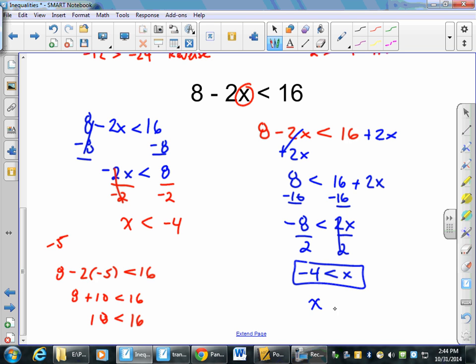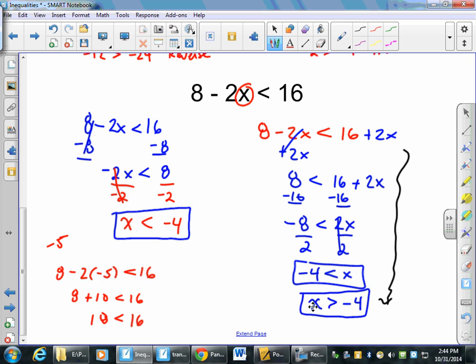If we rewrite that with the variable on the left side, let's say x is greater than negative 4. Well, let's go back to over here. Over here, we said that x was less than negative 4. But we can clearly see by using all the properties we applied on this side that this must be the solution.